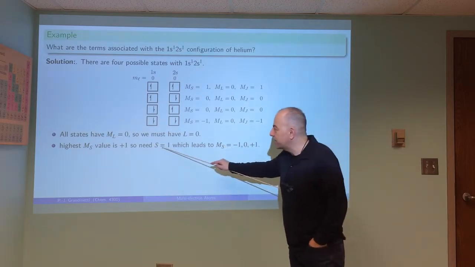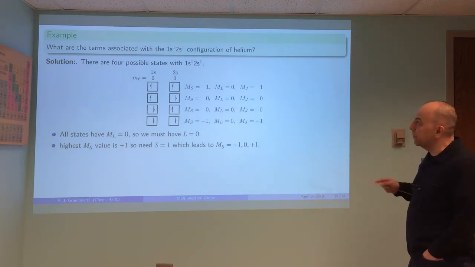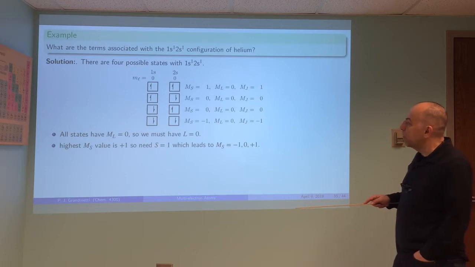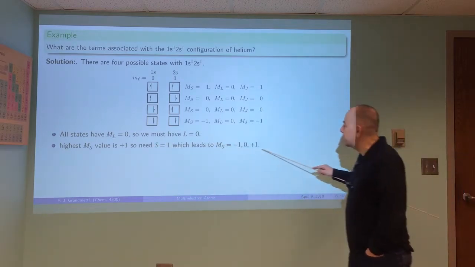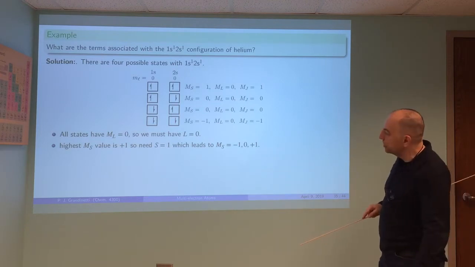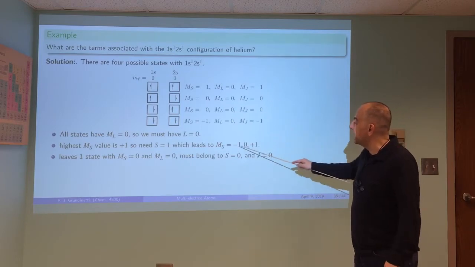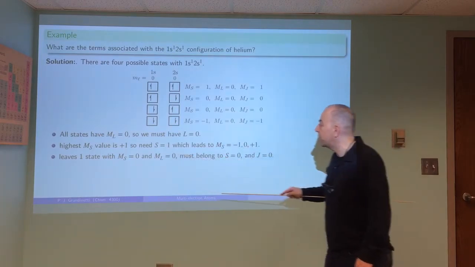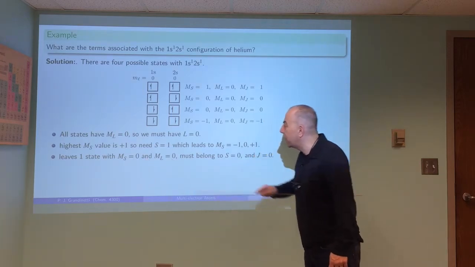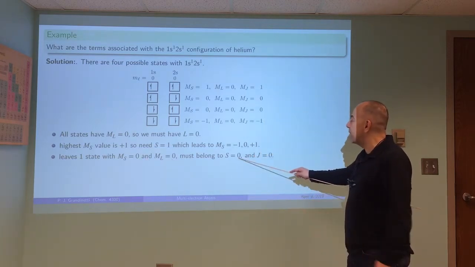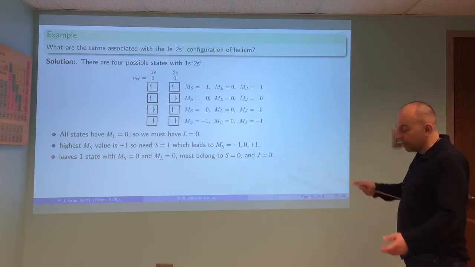That tells us that there must be an S equals 1 term here. So we know that only L equals 0 is possible, but there's evidence here for an S equals 1. And that takes out 3 states. That means that of the 4 states, 3 are associated with S equals 1, which leaves 1 state left over, which has to have M sub S equals 0, M sub L equals 0. That has to belong to an S equals 0, and finally that means we're going to have J equals 0, because they're all L equals 0.